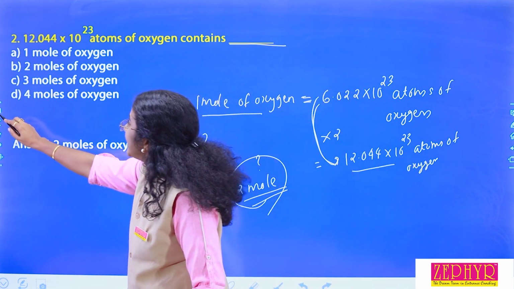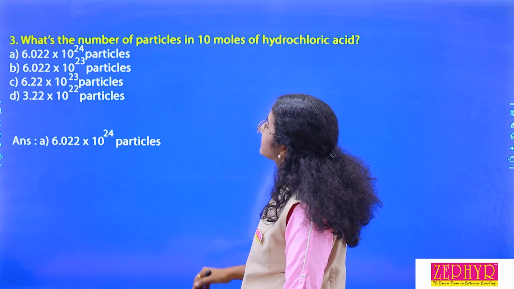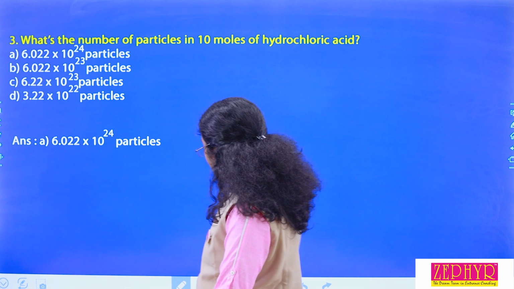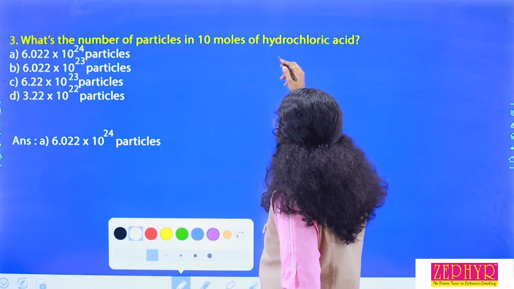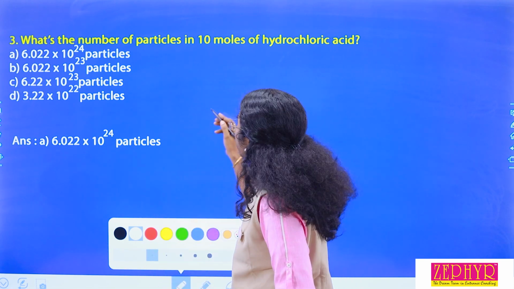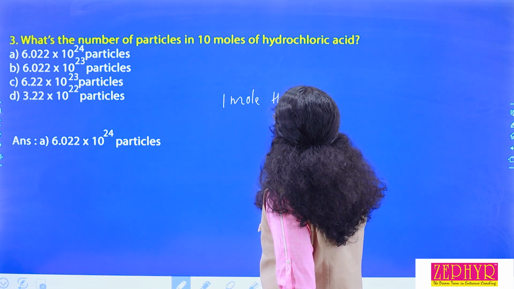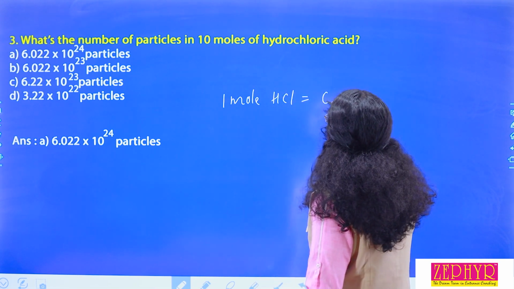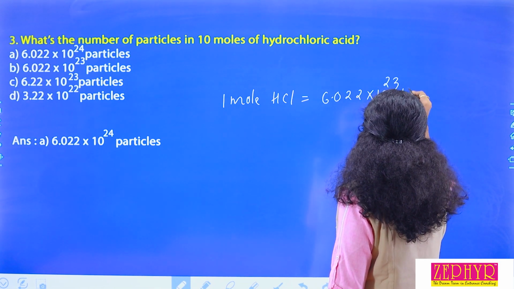Then question number 3. What is the number of particles in 10 mole of hydrochloric acid? See, 1 mole HCl contains 6.022 × 10^23 particles, right?